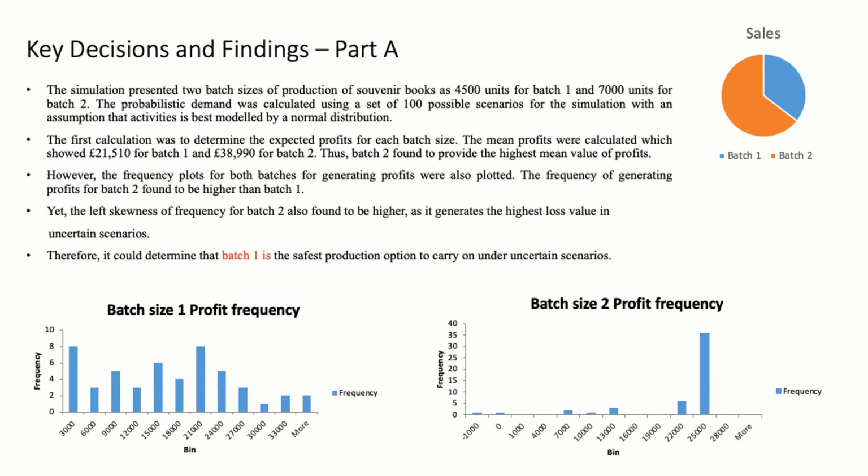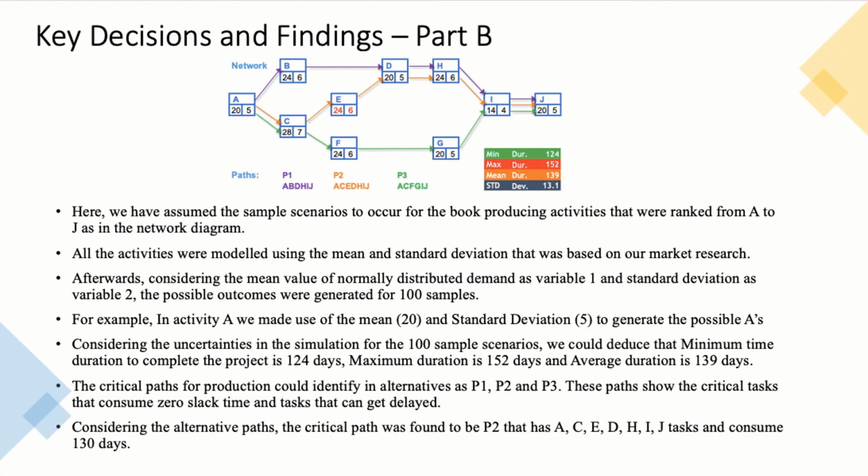Let's go to the next slide. Key decisions and findings. This is a network diagram. We have assumed a sample scenario for the book producing activities, which were ranked from A to J in the network diagram.